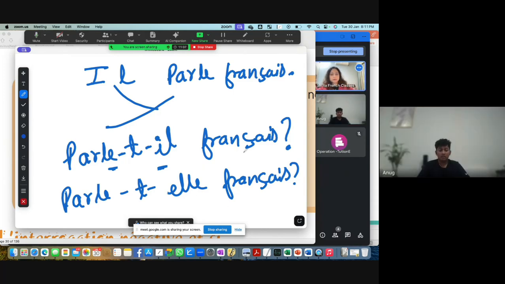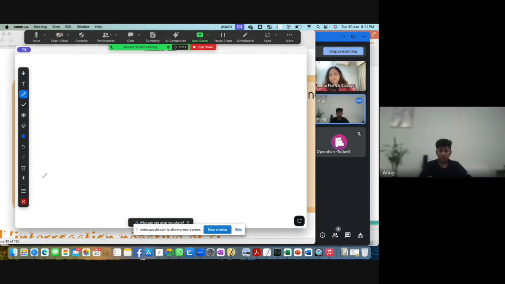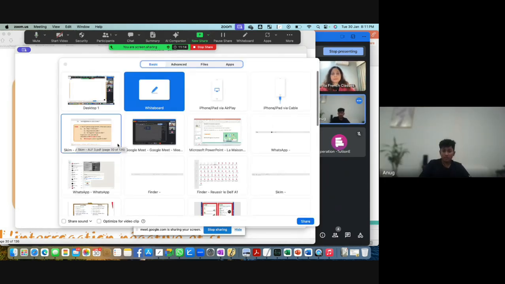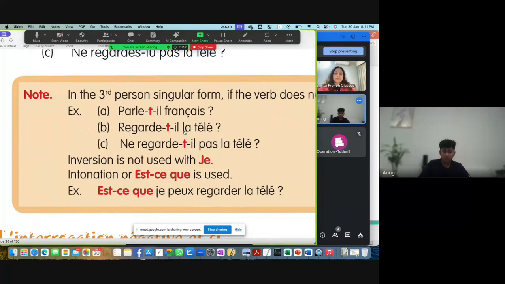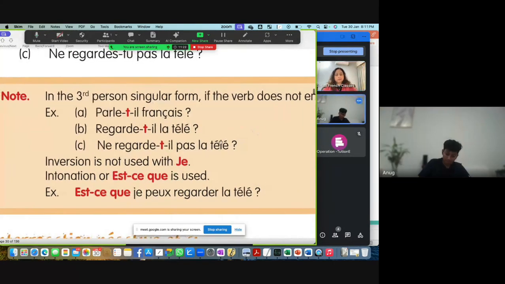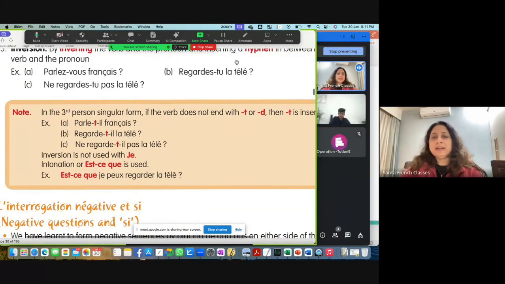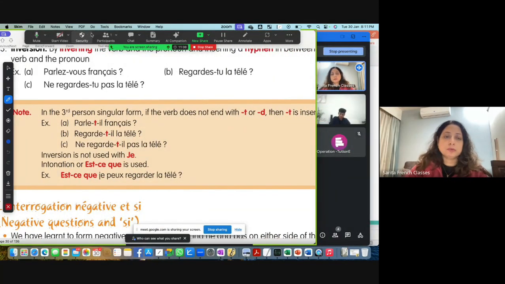So I'm sharing the book once again. You just note it down. This part. It's only T. D and T is not applicable now. It was the old school book.